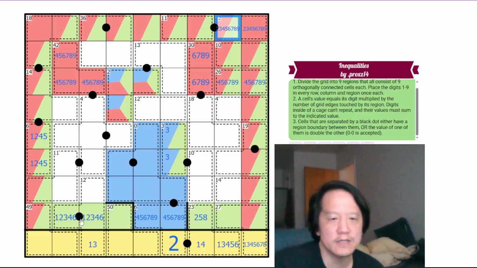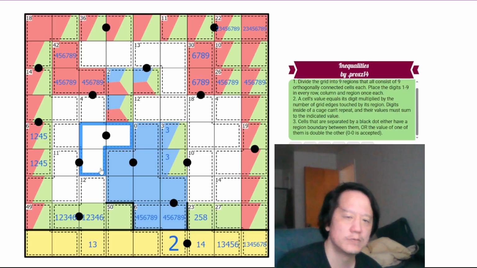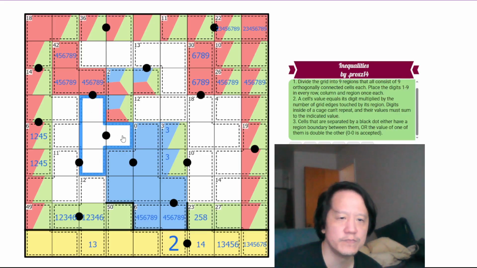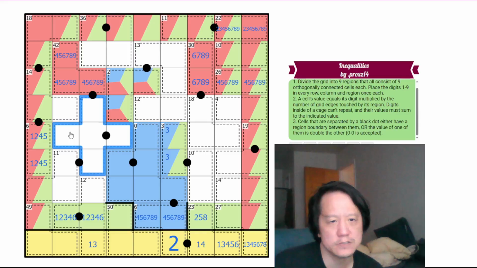We've got at least 3 blues here in this box, in this cage.